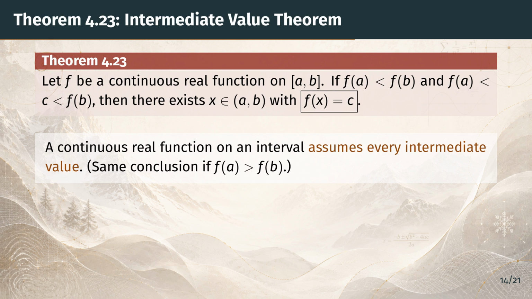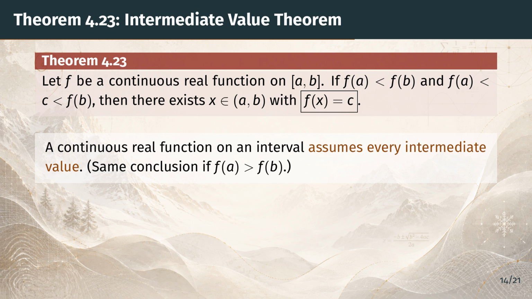Here is the famous consequence. Let f be a continuous real-valued function on a closed interval from a to b. Suppose the value at a is less than the value at b, and pick any number c strictly between those two values. Then the theorem guarantees there is some point x inside the open interval where f of x equals c.